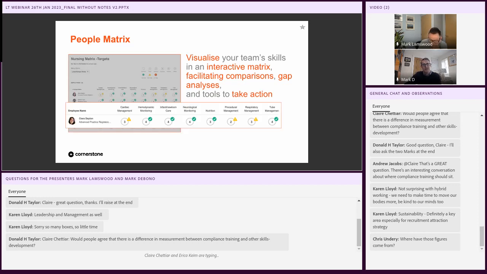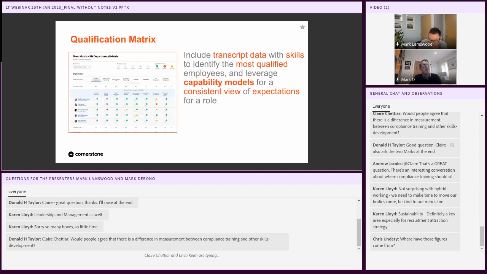It's nice and visual, and the user can see what opportunities they have in terms of facilitating change or gap analysis for them to do something slightly different within the organization. I think that's quite a cool thing to show your employees.